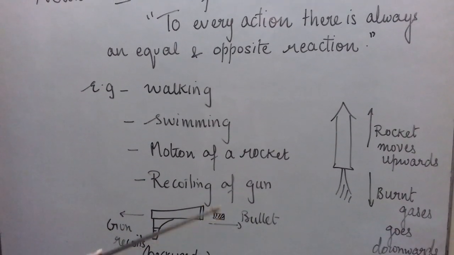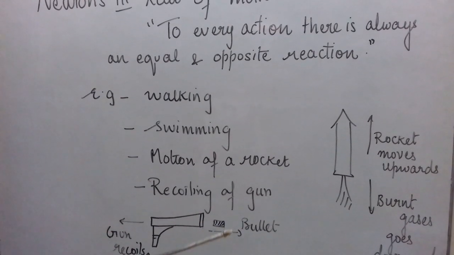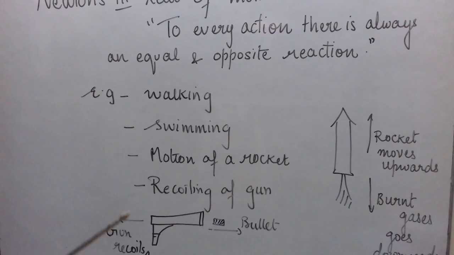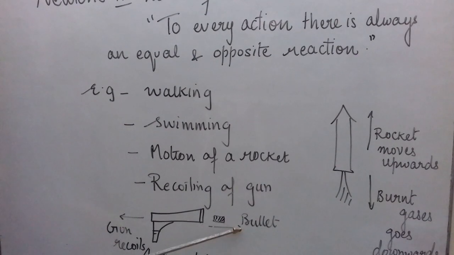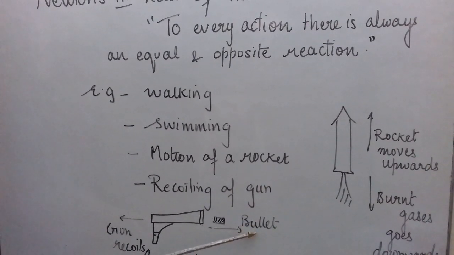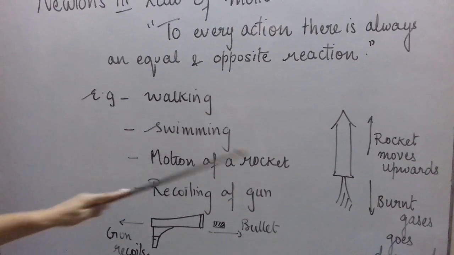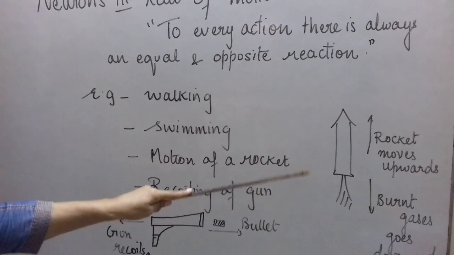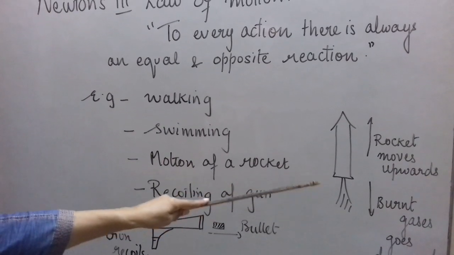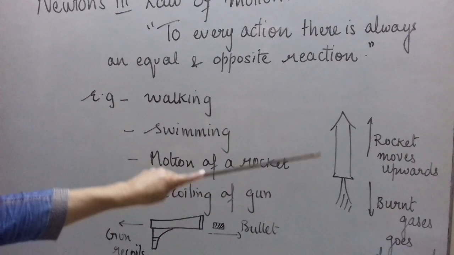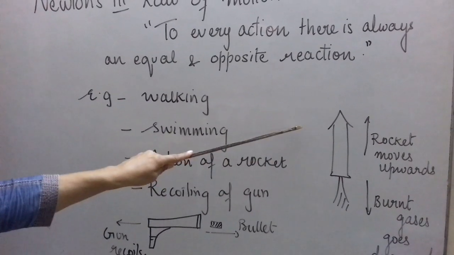A heavier body, a body which has more mass, will experience less acceleration than a body which has lesser mass. Similarly here, the gases are lighter, so they come out in the downward direction and exert a force on the rocket in the upward direction.